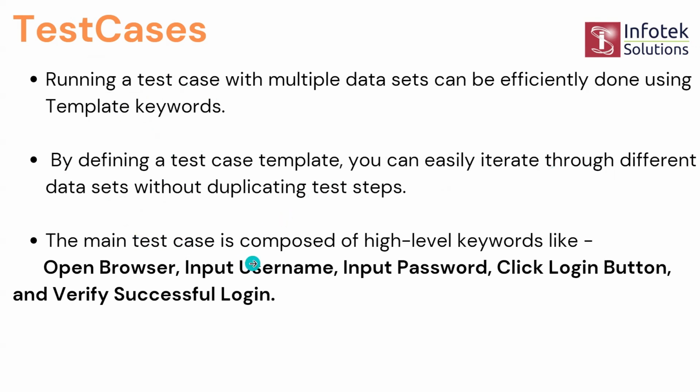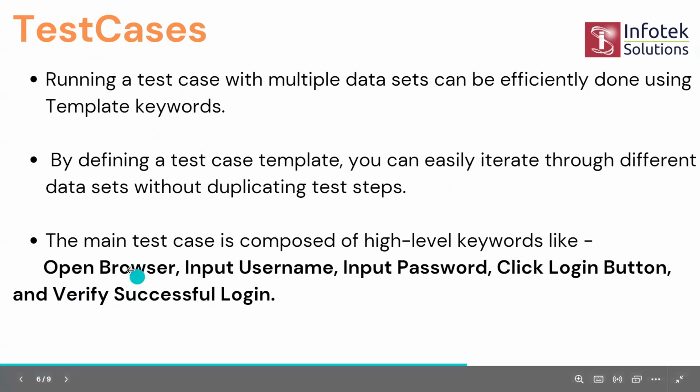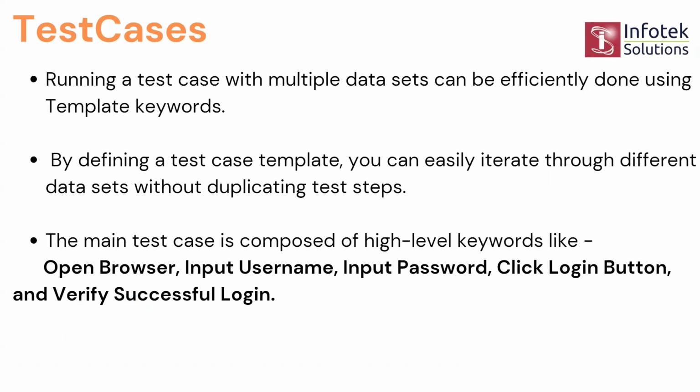The main test case is composed of high-level keywords like open browser, input username, input password, click login button, and verify successful login. These are the keywords that we use for writing test cases. I've not talked much about test cases yet.